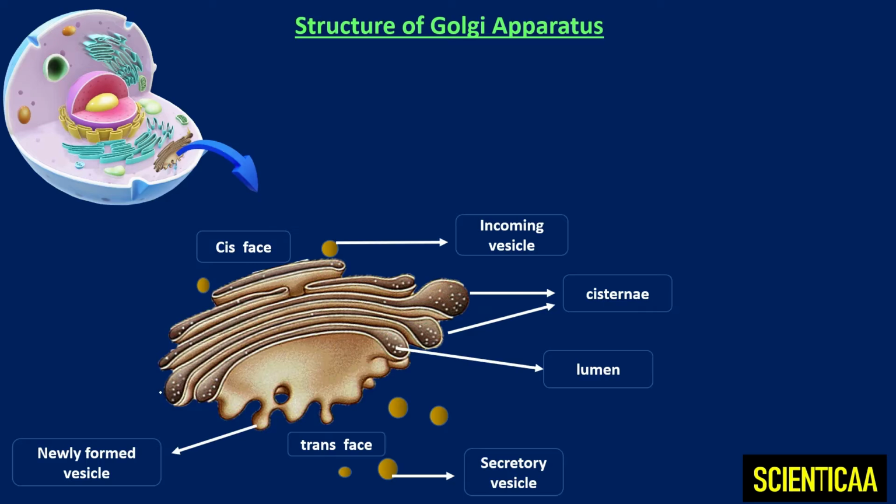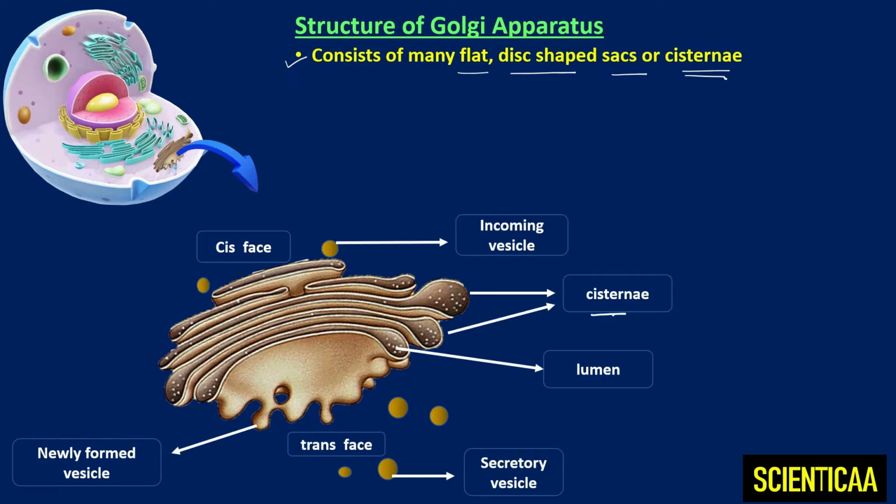Structure of the Golgi apparatus. The Golgi apparatus consists of flat, disc-shaped sacs which are called cisternae. These cisternae are membrane-bound, lined, curved vacuoles which are present in stacks of 6 to 8.